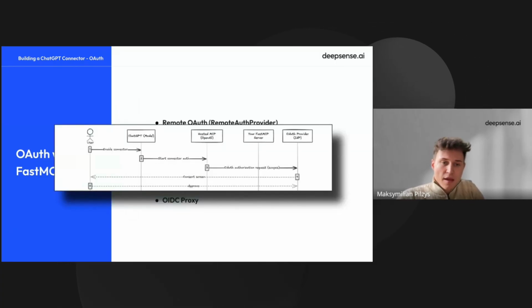Starting off, as you can remember, one of our first points introduced a sequence diagram. While talking about the OAuth flow in MCP servers, we are looking at the first part of our sequence diagram, where we enable the connector, we start the authentication, we go through the OAuth consent screen, and then the tokens are exchanged.